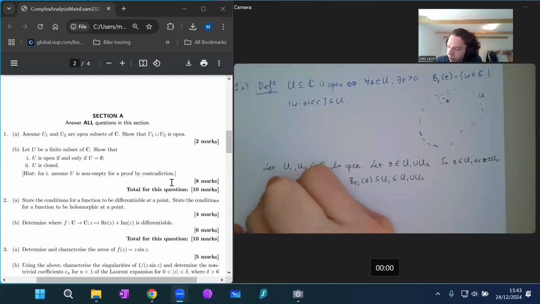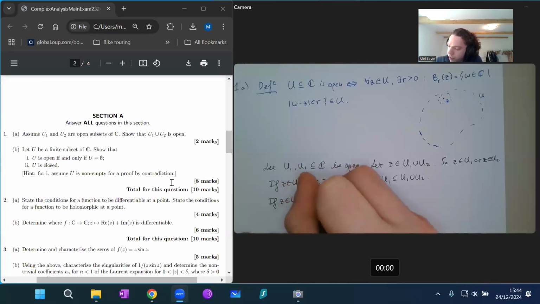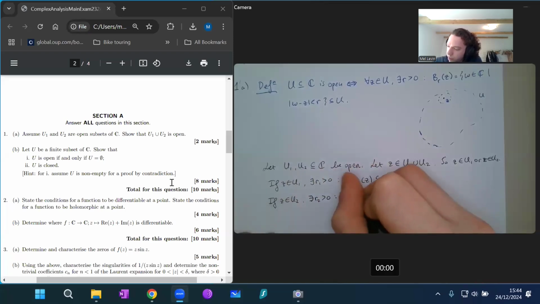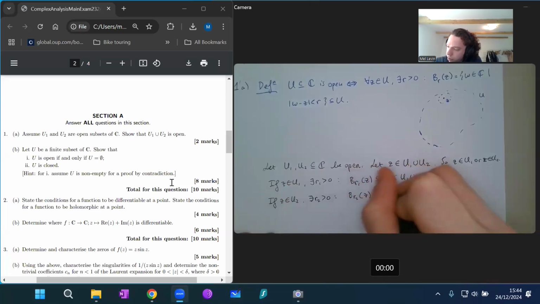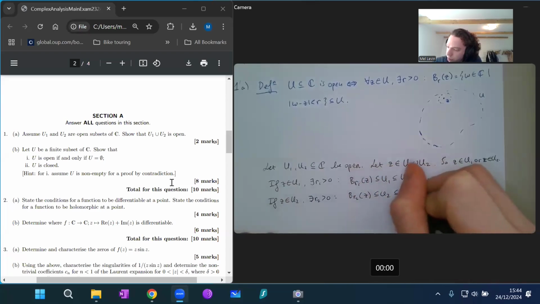And if on the other hand Z is in U2, then there exists an R2 such that the ball of radius R2 around Z is in U2, which is also contained in the union.